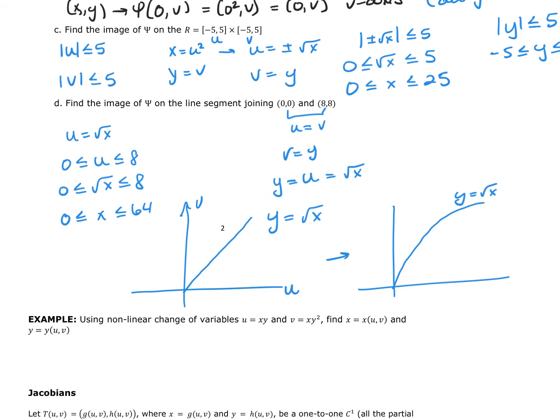So that's what's happening: I am mapping my uv plane into the xy plane. u and v are going to be equal to each other, and it's going to go from 0 to 8. But in the xy plane, it's going to be y equal to the square root of x, and it's going to go from 0 to 64 for the x.